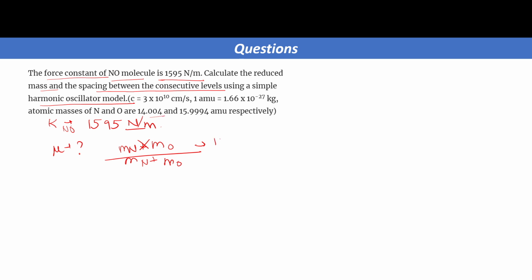It is 14.004 multiplied by 15.994 divided by 14.004 plus 15.994. Now this will be in amu, so to convert amu into kg we multiply by 1.6 into 10 raised to power minus 27.